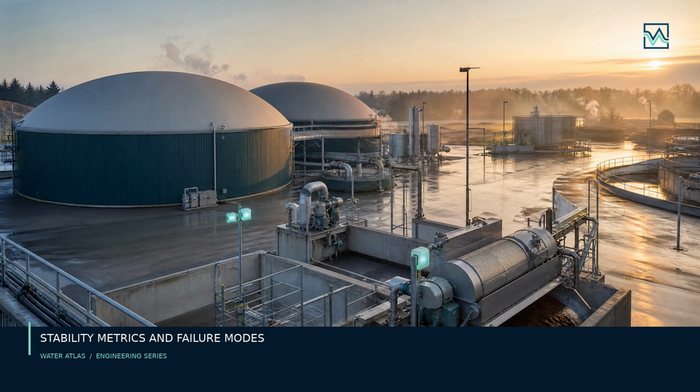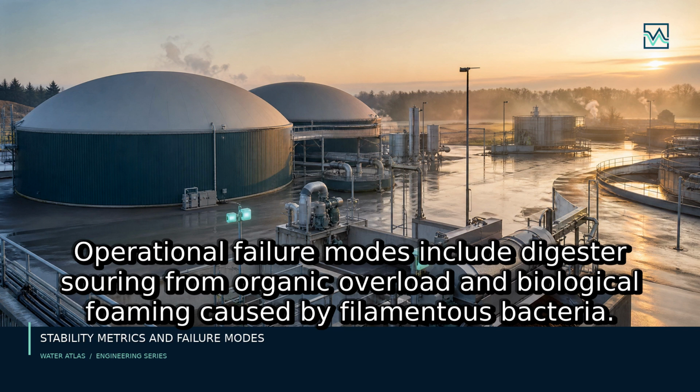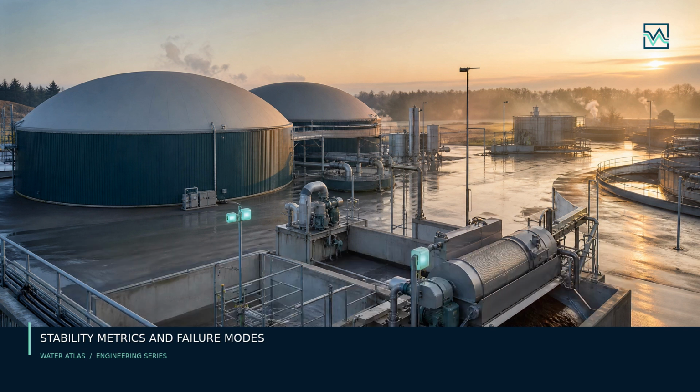THP subjects the sludge to high temperatures and pressures, rupturing bacterial cell walls, solubilizing complex organics, and drastically reducing viscosity. This enables higher organic loading rates, enhanced volatile solids destruction, superior dewaterability, and reliable pathogen eradication, successfully bridging the gap between waste management and beneficial reuse.